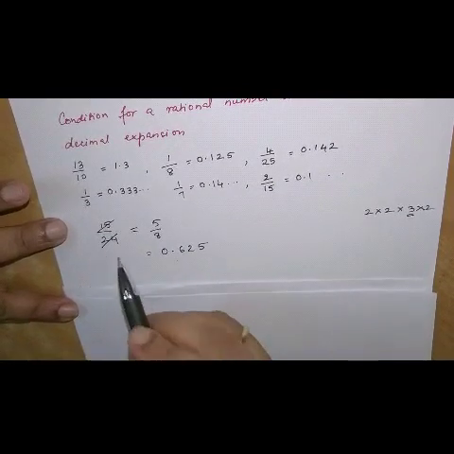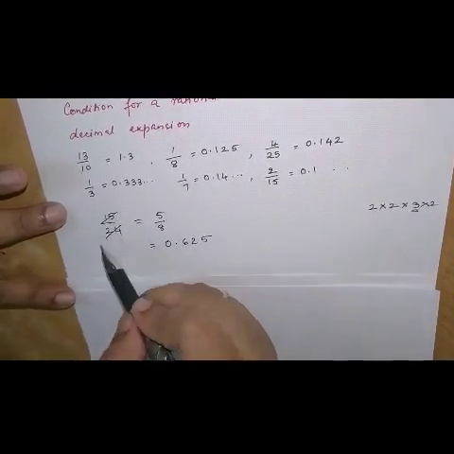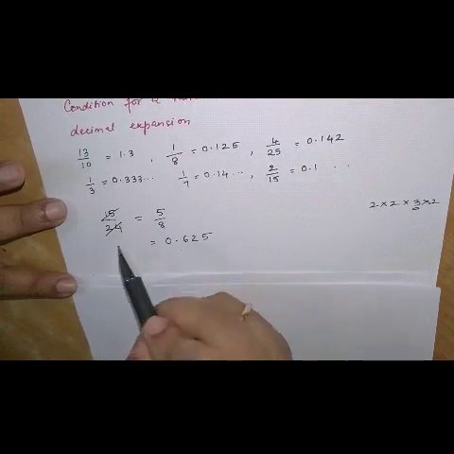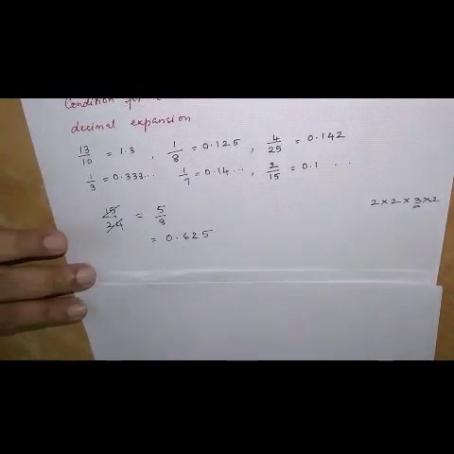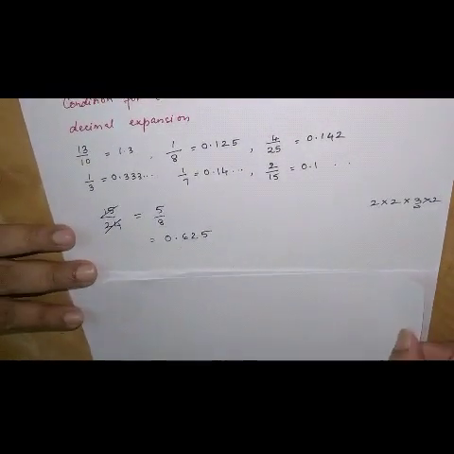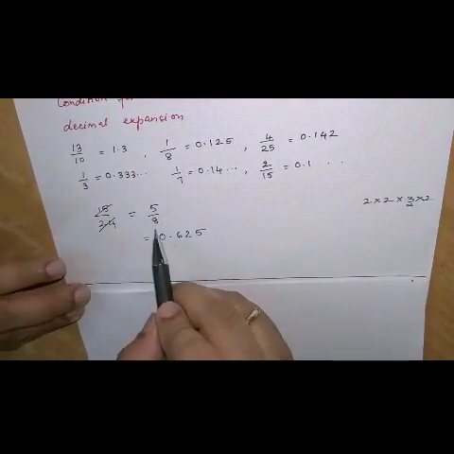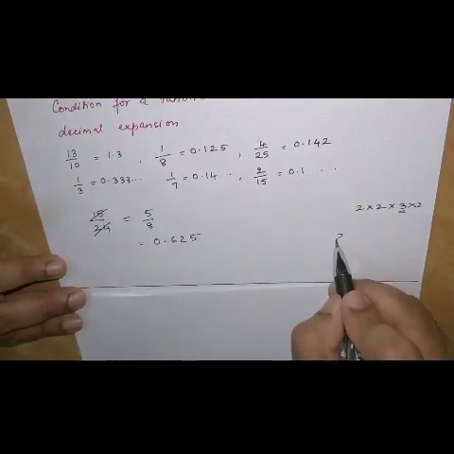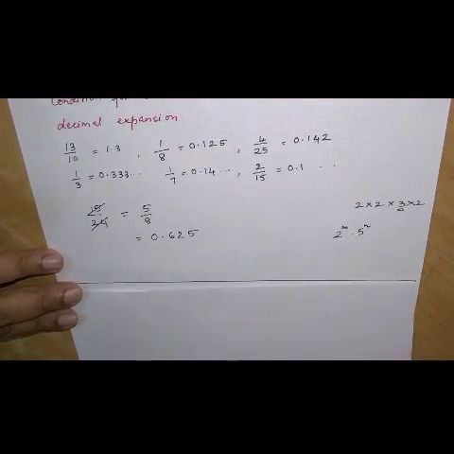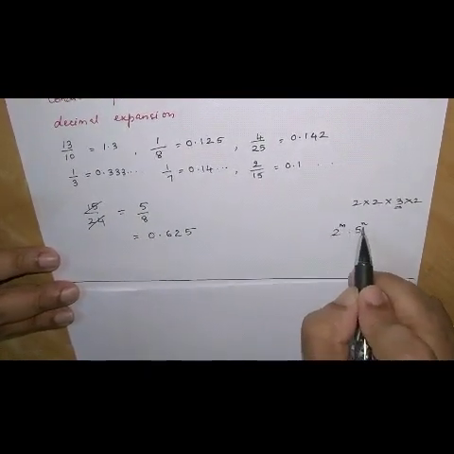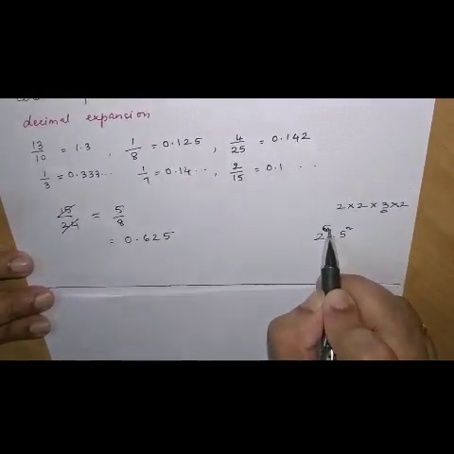So first thing, whenever it is written in the form of p by q, we have to bring it to the lowest terms, or write it in the standard form. And after writing in the standard form, we have to see the denominator. If the denominator is in the form of 2 to the power m into 5 to the power n, where m and n are non-negative integers, m can be 0.